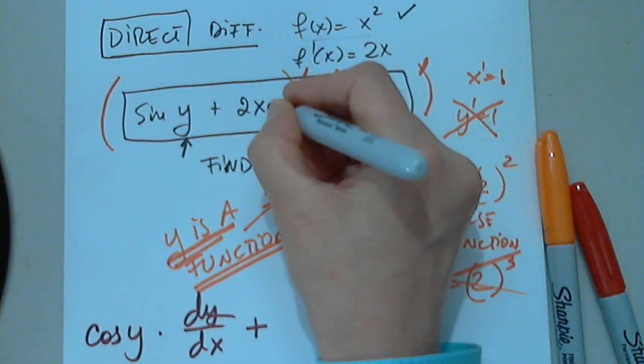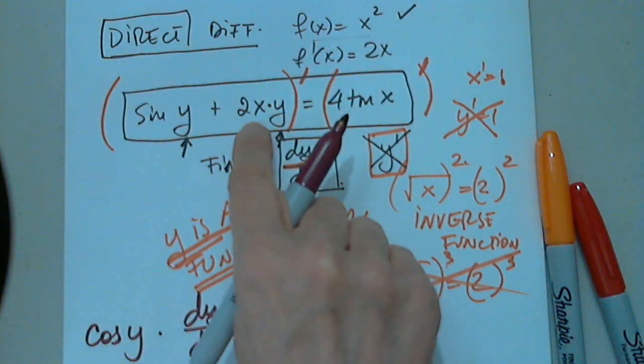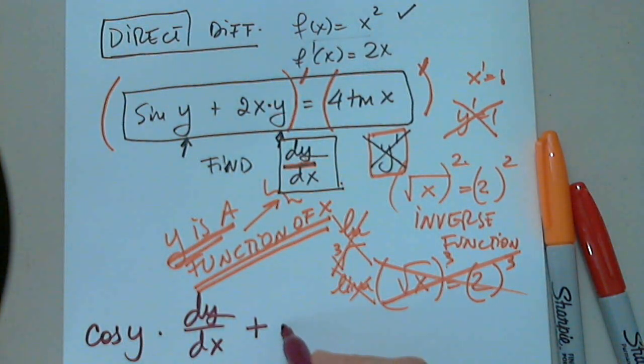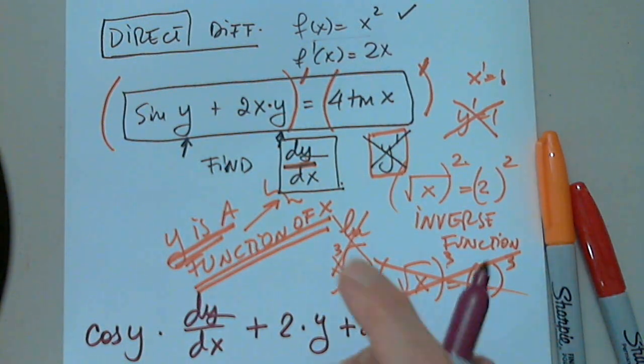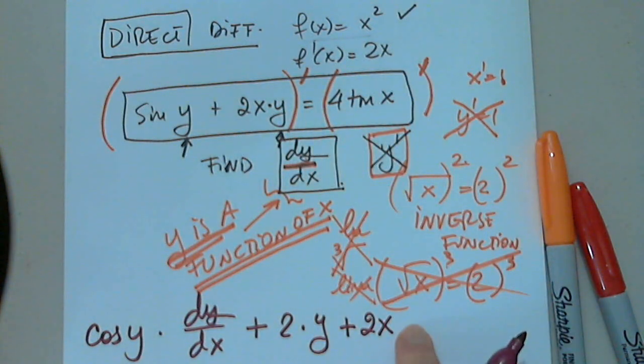Yes, of course. 2x prime is 2, times the second function, plus 2x times the second function prime. How do I write the second function prime? dy over dx.